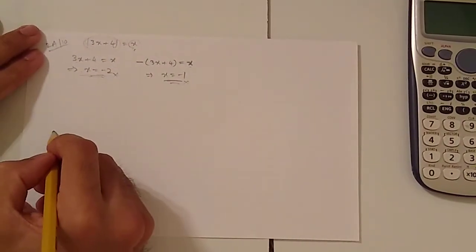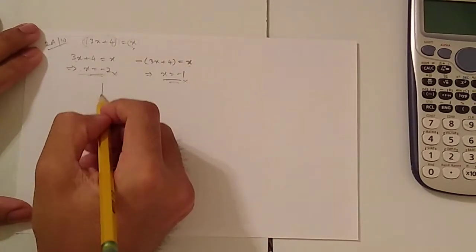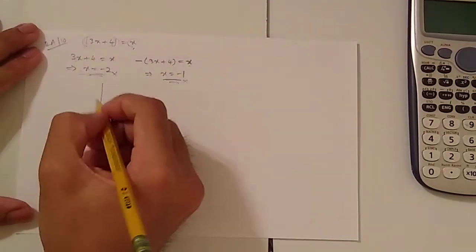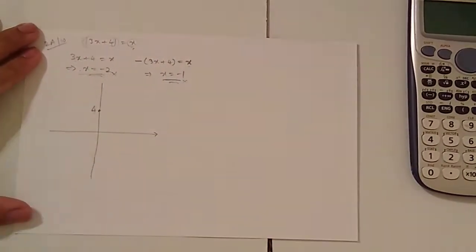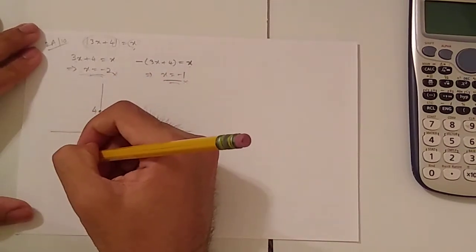As I said, drawing a graph for a modulus function is always helpful. If you try to draw a graph, let's first draw 3x + 4. 3x + 4 has y-intercept 4, and it has gradient 3. So we do have a steep graph over here.